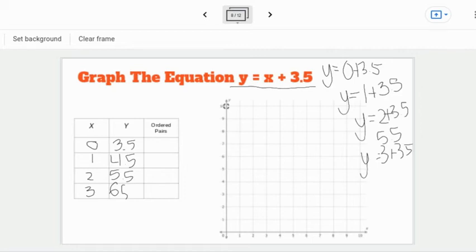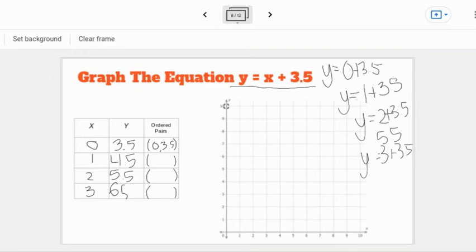So when we're doing this, now we just turn them into ordered pairs. Take a minute and turn those 4 into ordered pairs. Okay, so your first one, you should have had (0, 3.5).